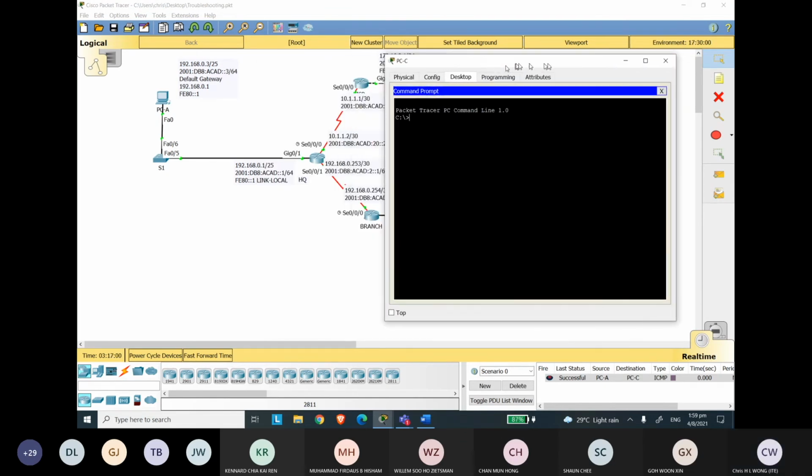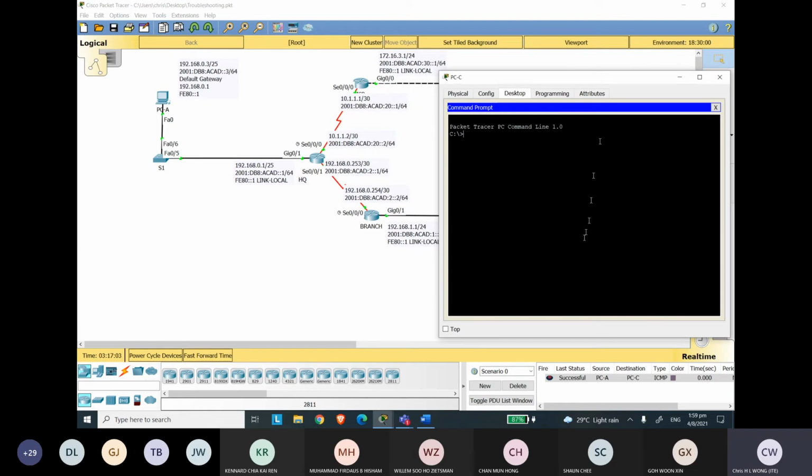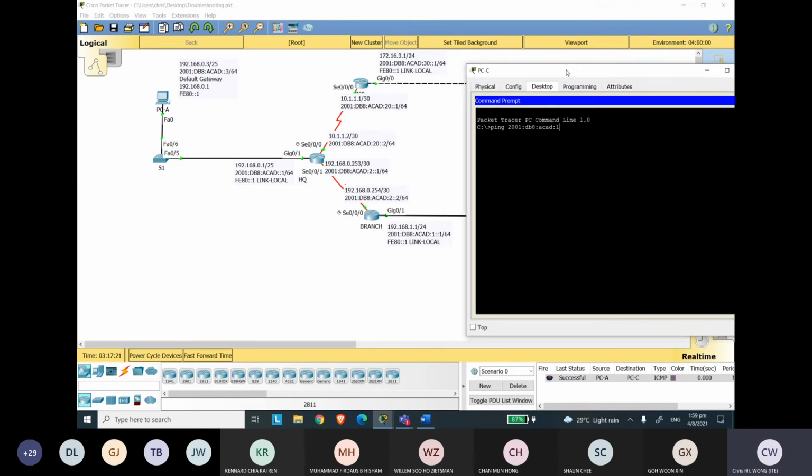Everybody check. You better check your branch router. Ping 2001:DB8:ACAD:1::1.